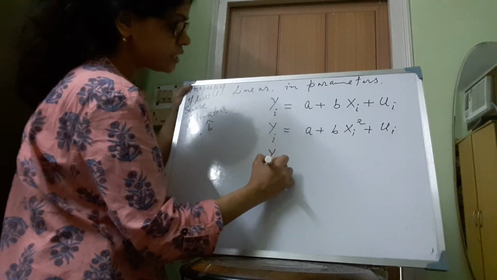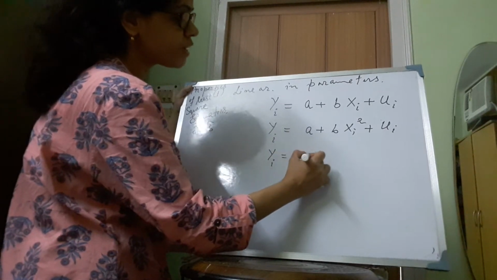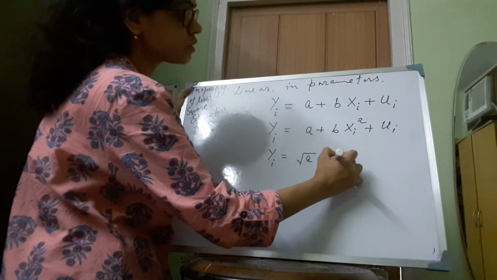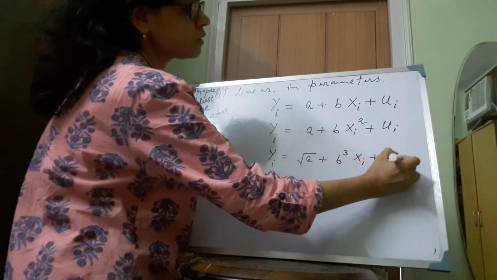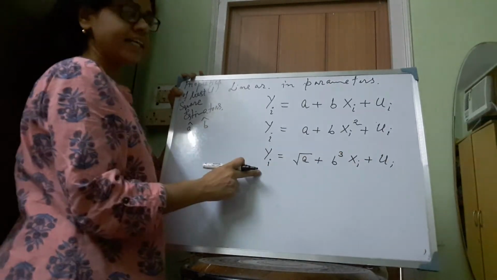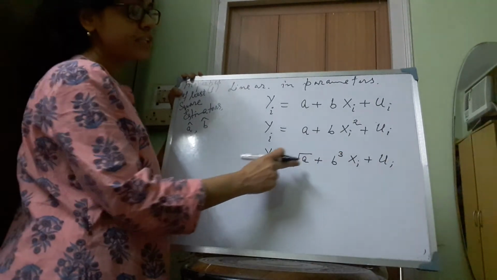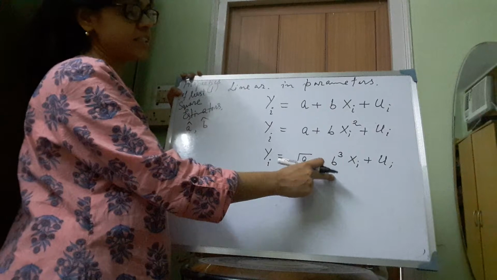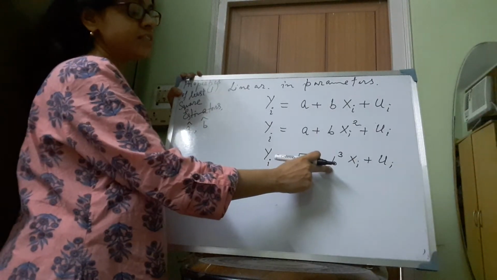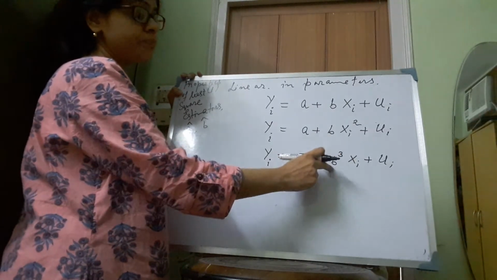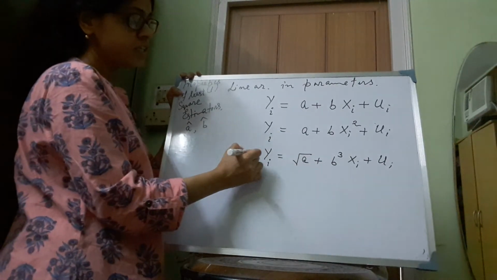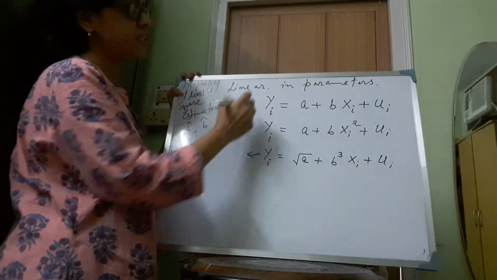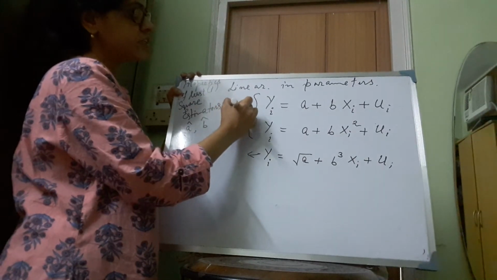Now if we consider this equation yi is equal to root over A plus B cube xi plus ui. So in this case xi and yi are linear, but the parameters are not linear in nature. This is under root of A and this is the B cube. So therefore this is not linear in parameters. So therefore this is not a linear regression equation, but these two equations are linear regression equations.